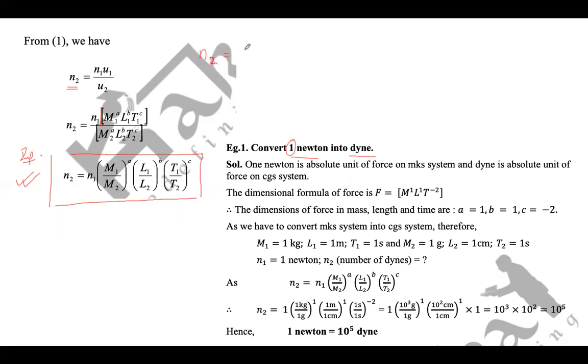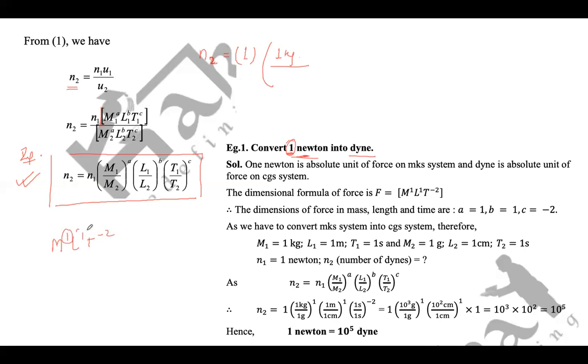So N2 is equal to N1, and N1 is 1 Newton, so the value of N1 is 1. Then we know that M1 is the mass in kg, so this will be 1 kg, M1 by M2. So 1 kg divided by, okay. And we know that the dimensional formula of force is M1 L1 T minus 2.